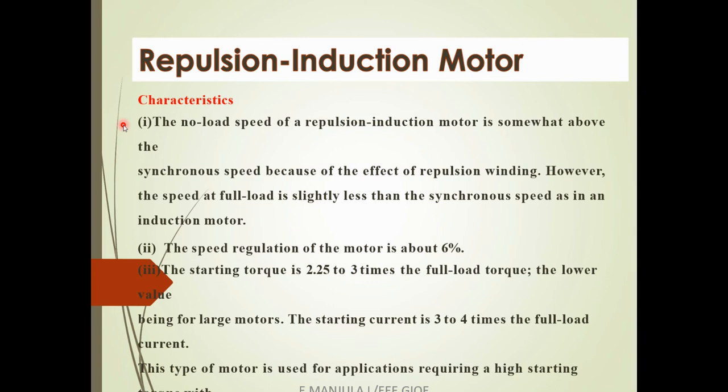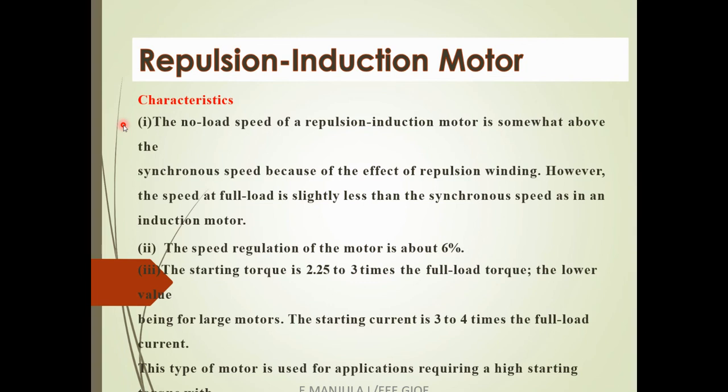So, here are the characteristics of the repulsion induction motor. The no load speed of the repulsion induction motor is somewhat above the synchronous speed because of the effect of the repulsion winding. However, the speed at full load is slightly less than the synchronous speed, as in an induction motor.